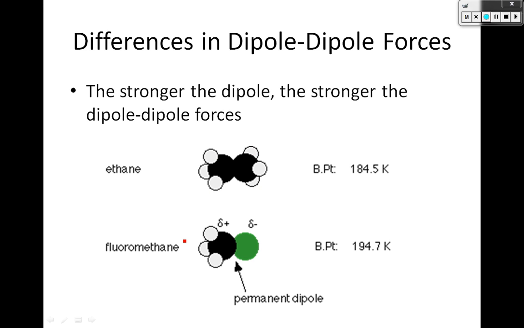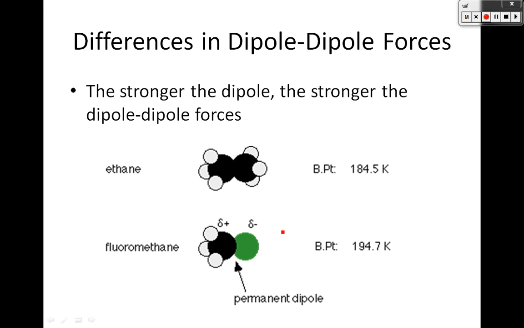So the two I chose to compare are ethane, C2H6, and fluoromethane, CH3F. You can see they have relatively the same shape and are relatively the same size. Obviously this one has fewer actual atoms, but fluorine compared to carbon actually has a greater molar mass, so that takes care of the fact that we're missing the three hydrogens here.